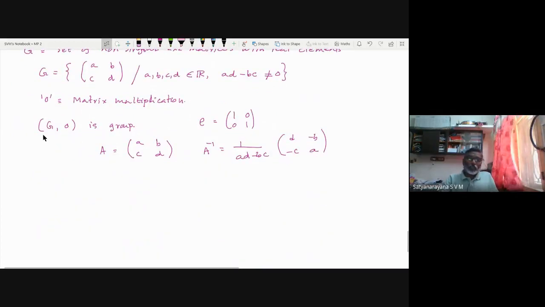But it's not an abelian group, because the matrix multiplication is not commutative. Correct? So you can always think of an example. G is not abelian.